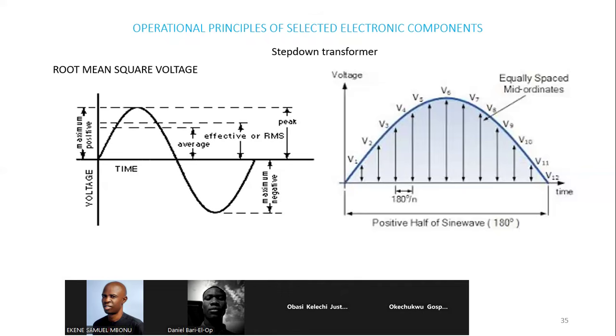Okay, so when we square these values up to this point and calculate the average, it is the mean square average.